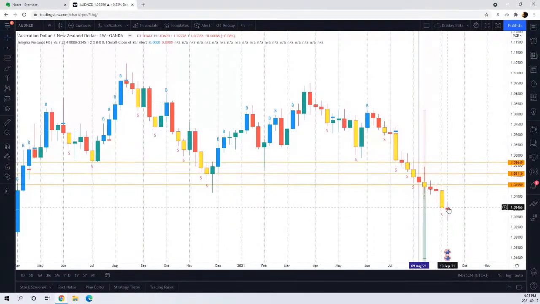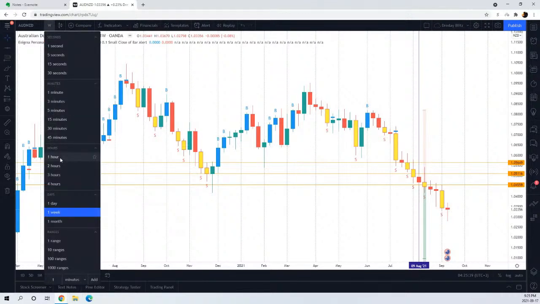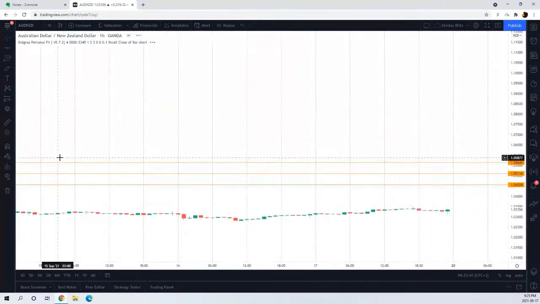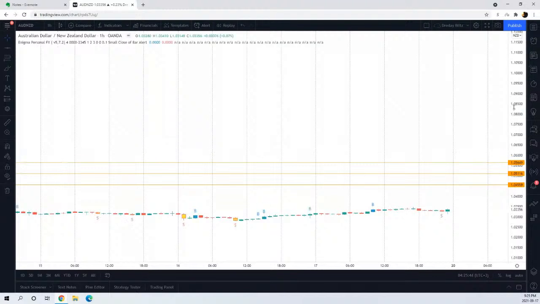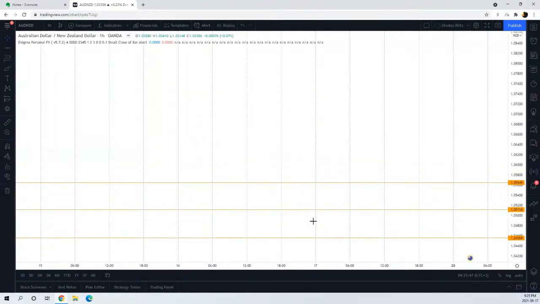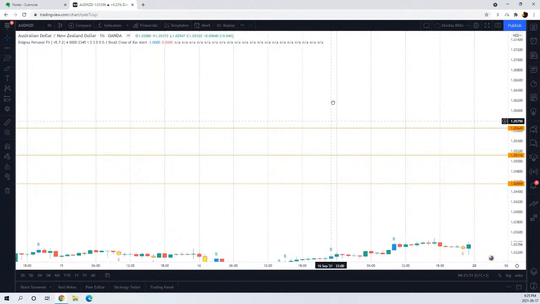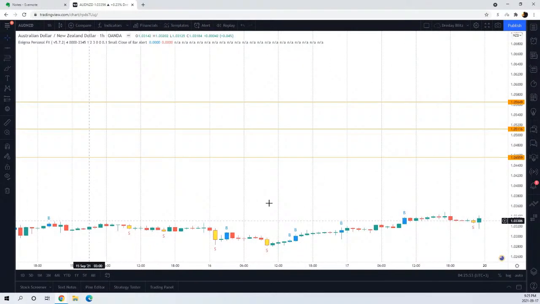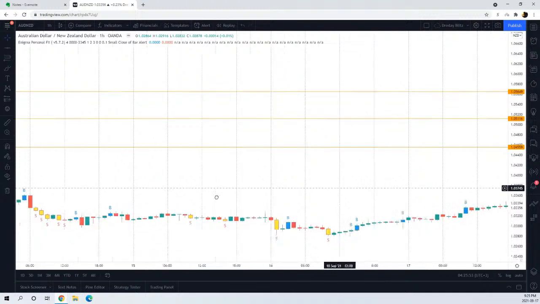So it was a sell here, even though it's a little candle like this, a doji. It's still a sell, still going downwards. So go on H1 on the weekly. Let's see if we had any.